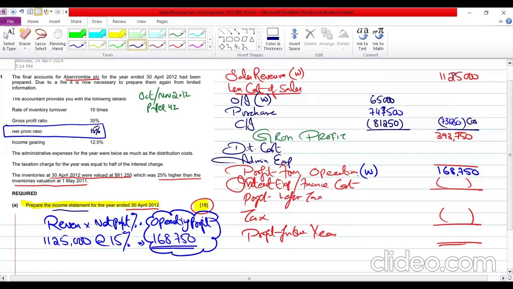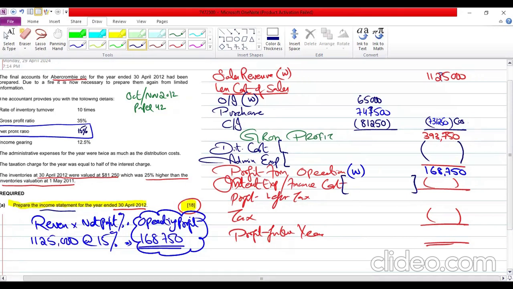Now, interest. I am easily able to find out interest, then tax and distribution cost and admin cost. Let's try for distribution and admin cost. First of all, can you tell me what is the cumulative number which is supposed to be deducted from 393,750 to reach 168,750?